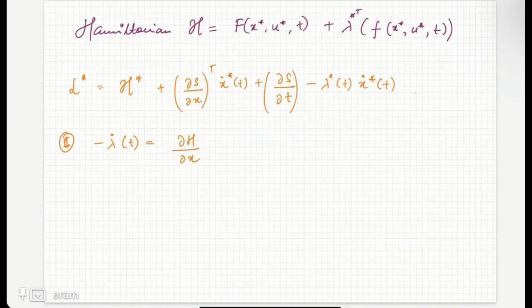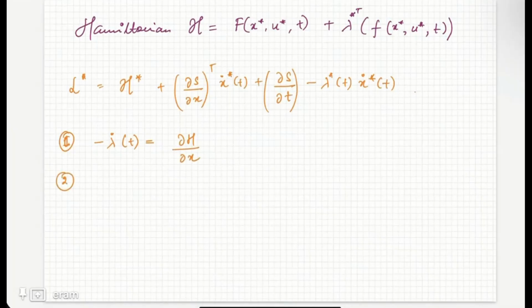Okay. The second condition, that is of x dot star, this is nothing but dou h by dou lambda, that is usually with the Lagrangian.